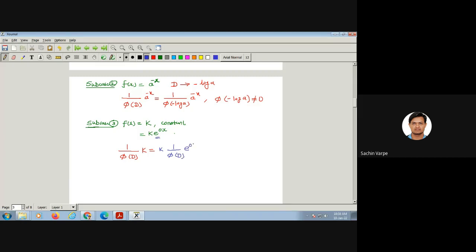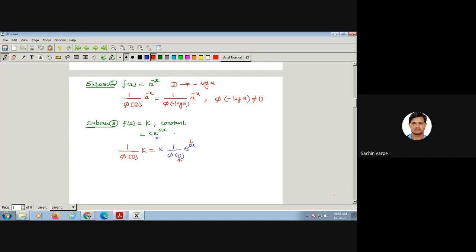When I try to write the particular integral formula, that is 1 upon phi of D, f of x, but f of x is k, then I can write this as k into 1 upon phi of D, e raised to 0x. And then I know what I should do: I have to replace D by 0, isn't it?